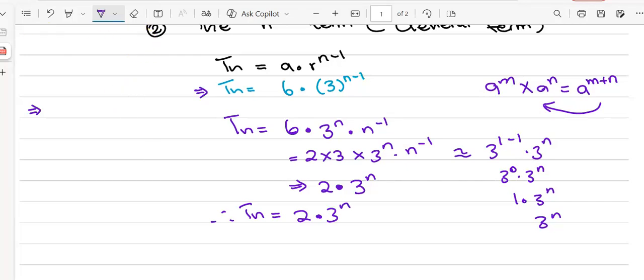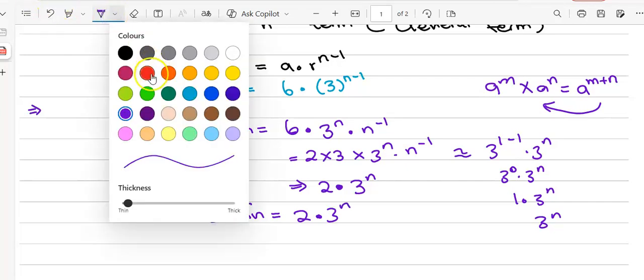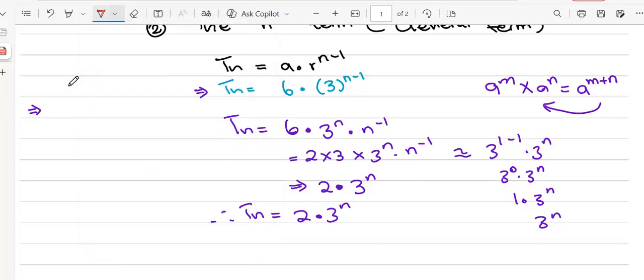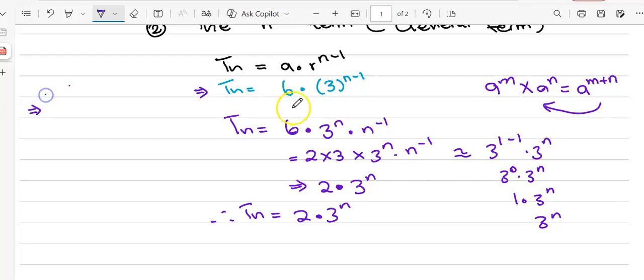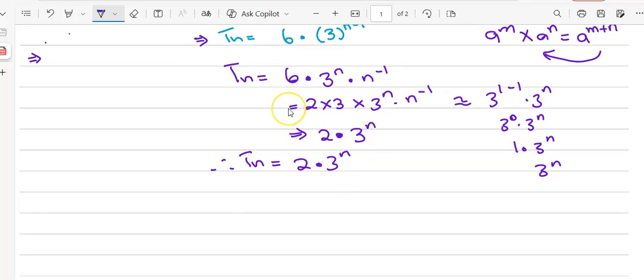Now someone is asking, why are you showing this? Why are you trying to confuse us? I'm not trying to confuse anyone. Let me explain why it is important for you to know how to play around with this.